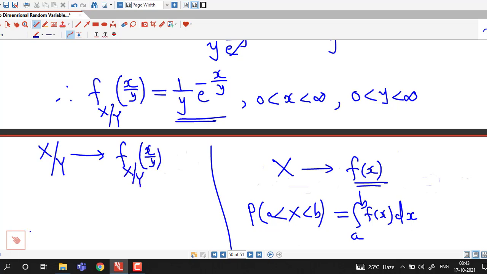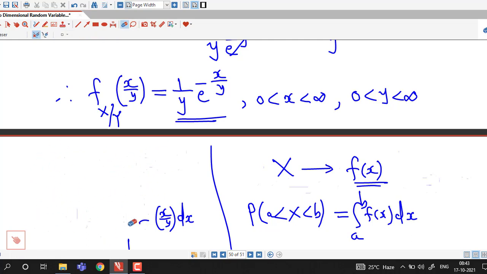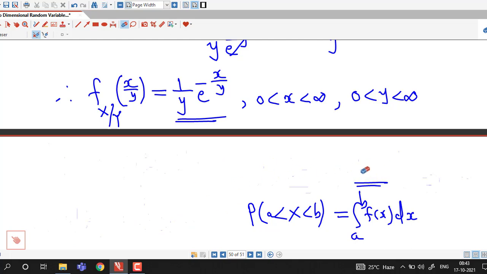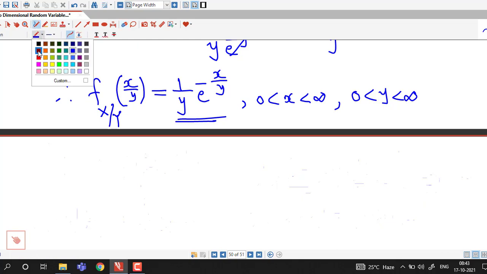So if we are interested in the probability that x greater than 1 given that y equal to y, this probability can be obtained by integrating this conditional density function from 1 to infinity. So to find this type of conditional probabilities, first we find the conditional probability density function, and using that we can obtain the required probabilities.